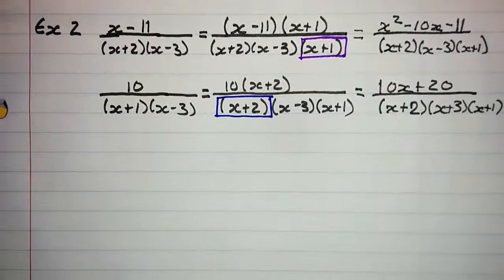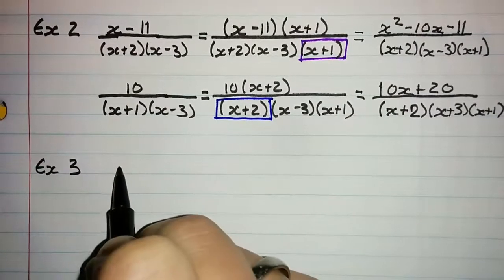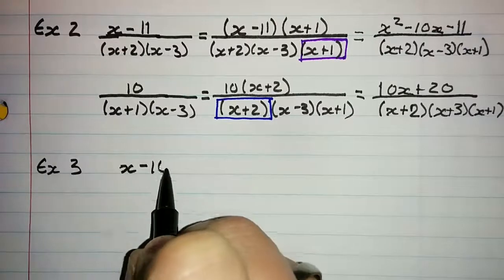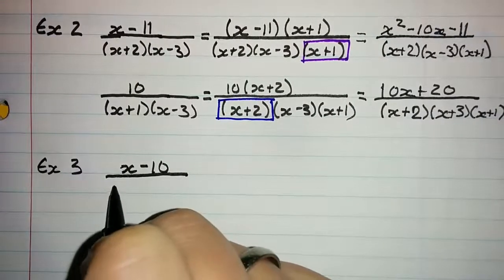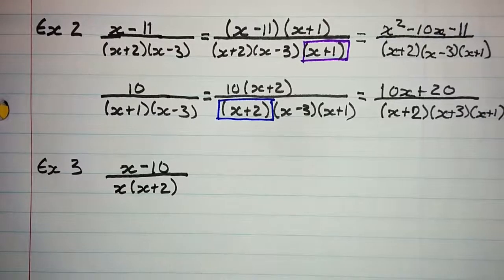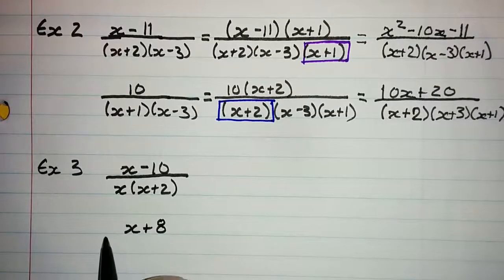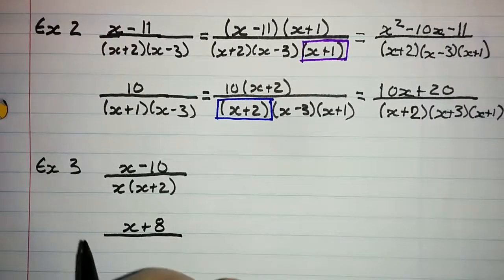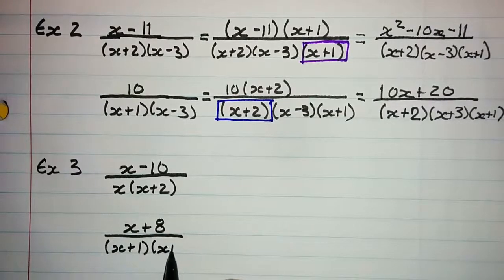All right, example 3. Remember, our two rational expressions were x minus 10 over, in factored form, x times x plus 2, and x plus 8 over, in factored form, x plus 1 times x plus 2.